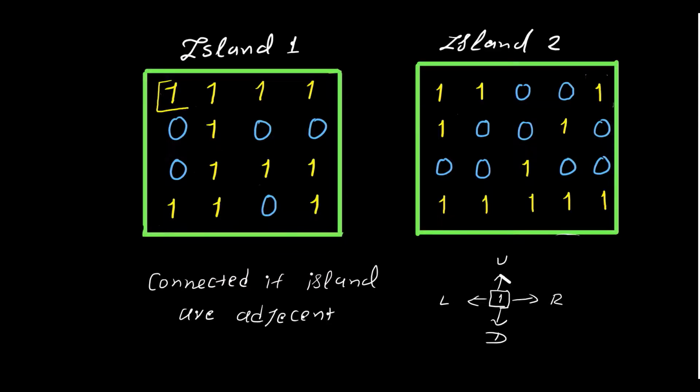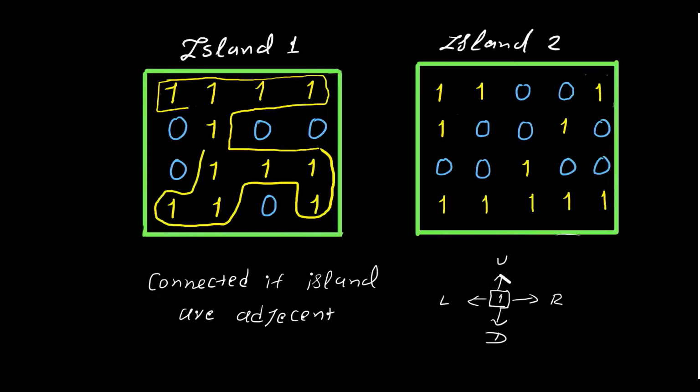In that case, you will hit this island, and because this is also adjacent, you will just keep going. This is entirely one, and this is also connected, right? So this is just a single island, so the output should be 1 because it has only one island.